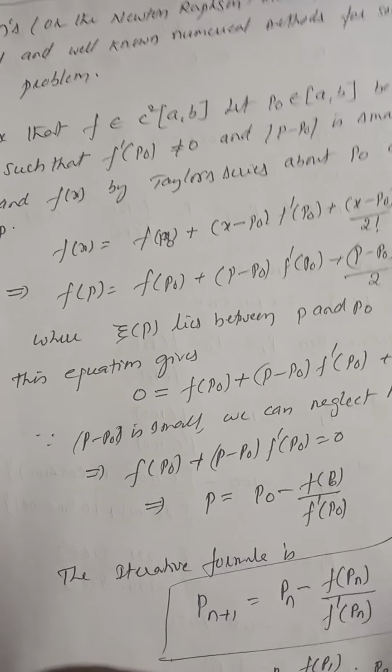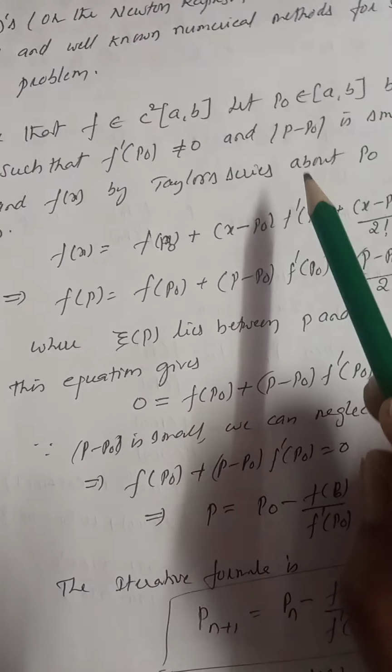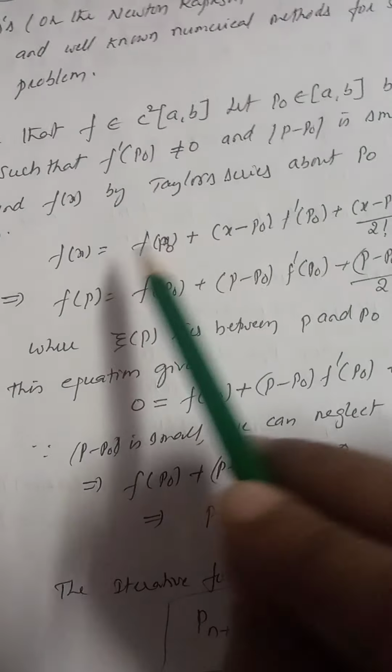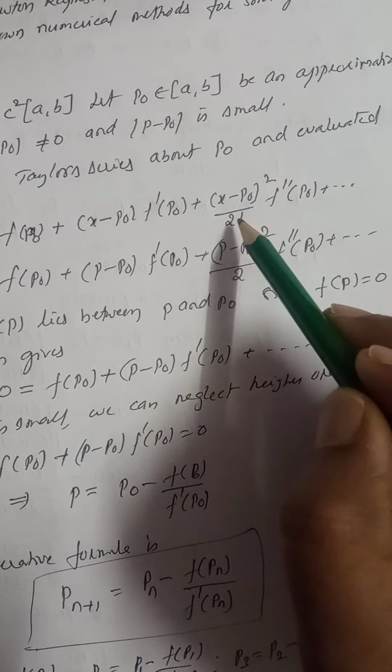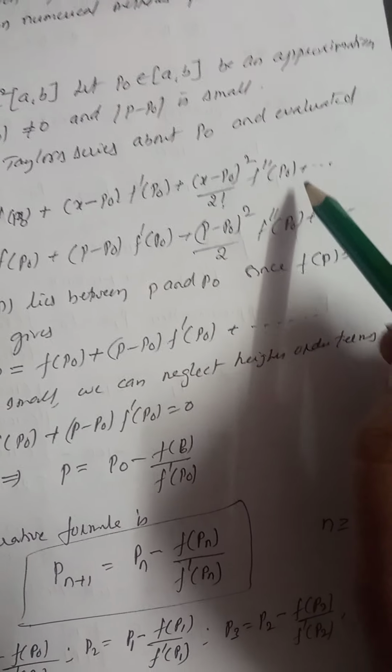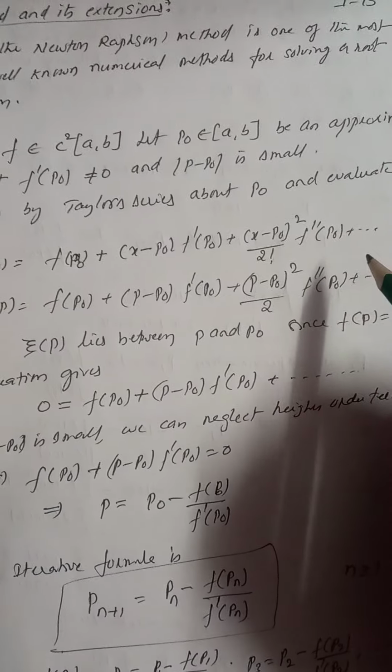Now f of x, we are expanding this f of x around p naught. That means f of x is equal to f of p naught plus x minus p naught into f dash of p naught plus (x minus p naught) whole square by 2 factorial into f double dash of p naught plus so on. You know this Taylor's series.